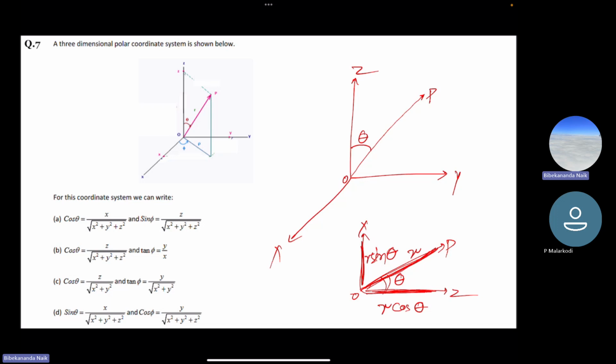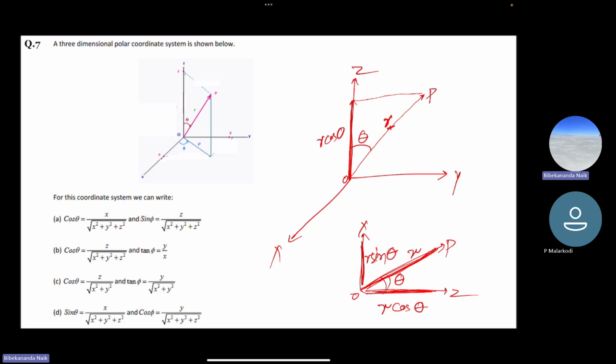Similarly here, since this is r, its projection on the z axis, because it makes an angle theta with the z axis, from here to here, will be r cos theta.